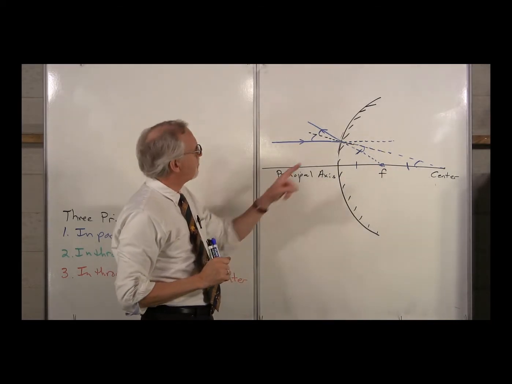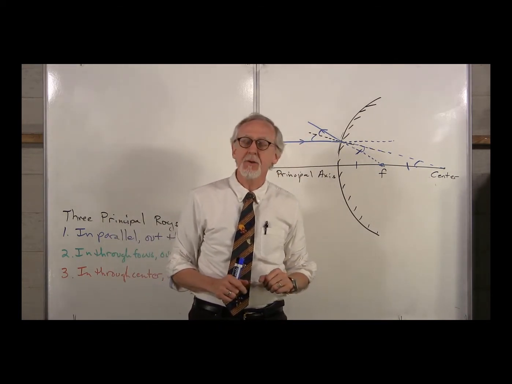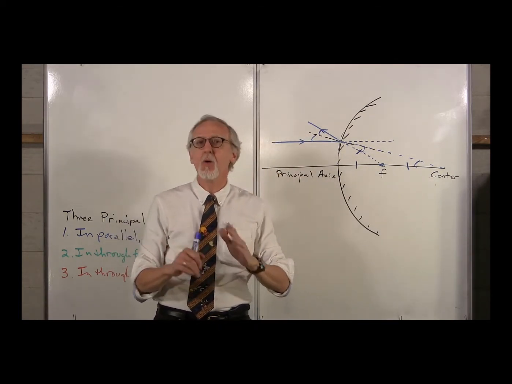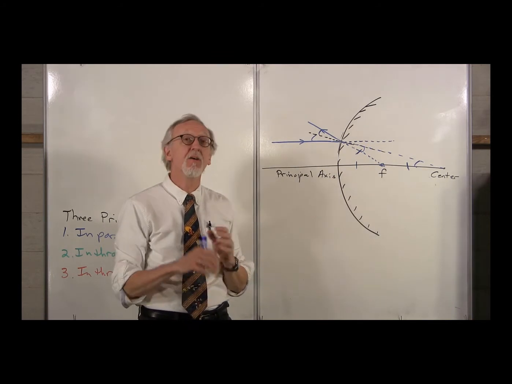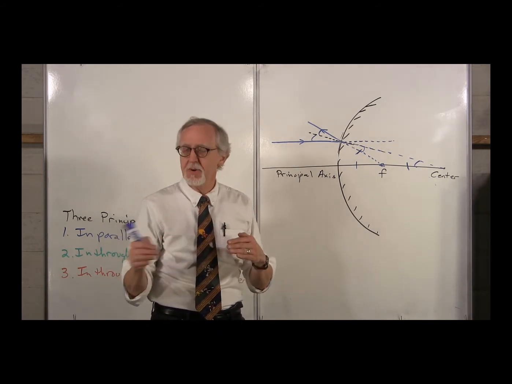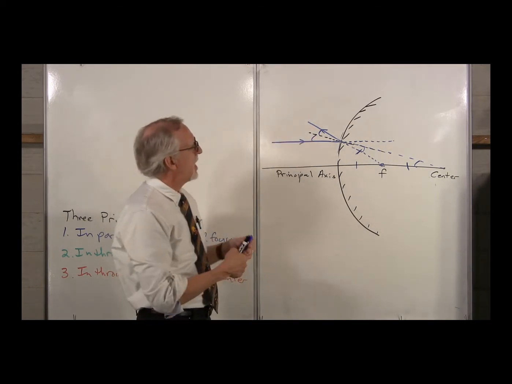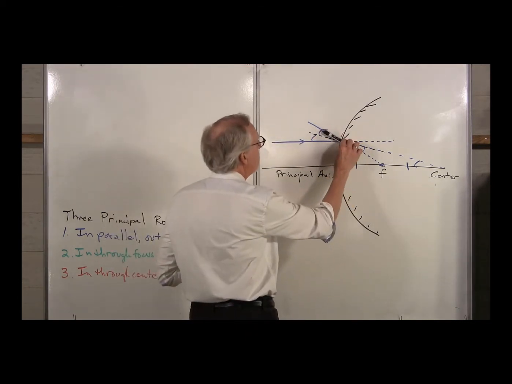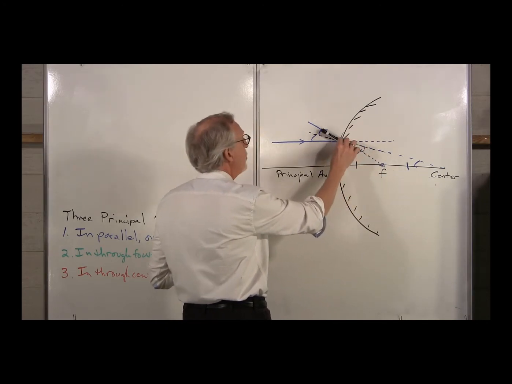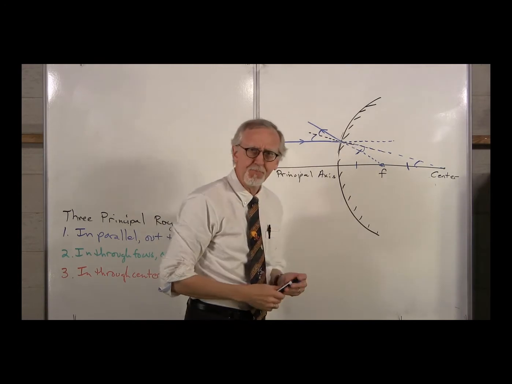What's this mean? It means that for an incoming parallel ray, and again, we are always going to make this approximation now, that it is close to the principal axis, the distance is small compared to the radius, it reflects off the mirror, not through the focal point, but from the focal point.